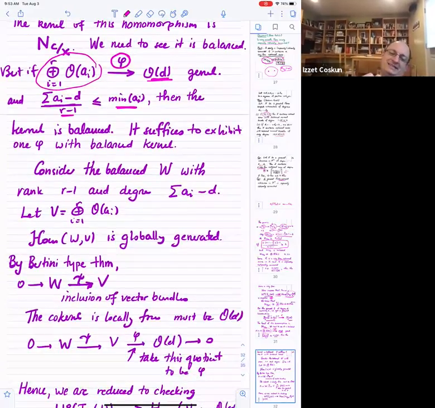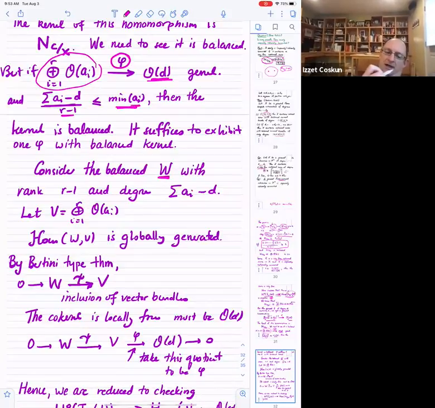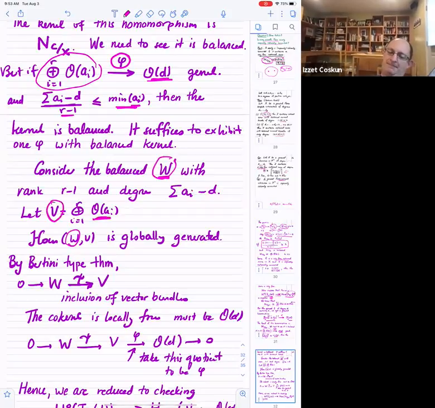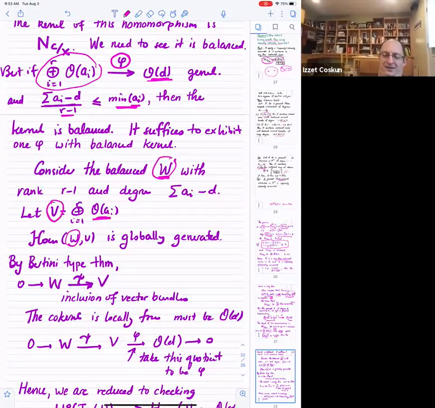The reason is this: look at the balanced kernel. The degree of each of the summands is less than A_i. So the homomorphisms from this W, which is the balanced kernel, to this V that I want to map to, is globally generated.